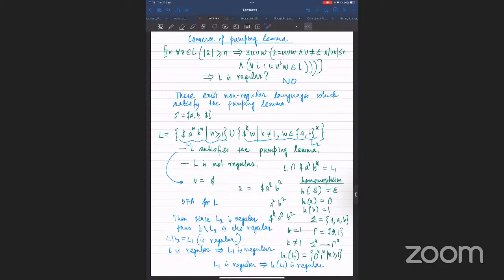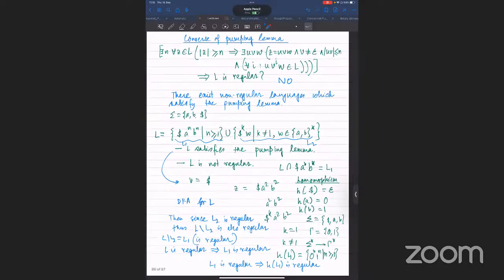I mean, if L is regular, taking the intersection with another regular language will give you a regular language. But since L1 is not regular, what we have seen now, L is also not regular. Clear? So it's just another way of proving. You can prove, of course, in different ways, right? Okay.